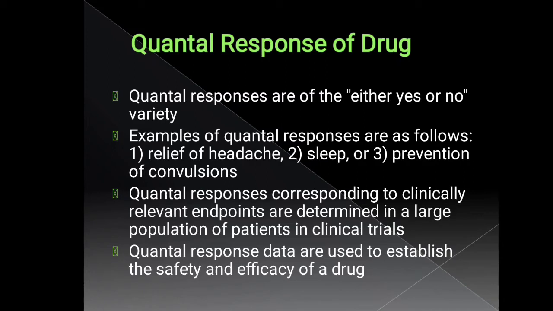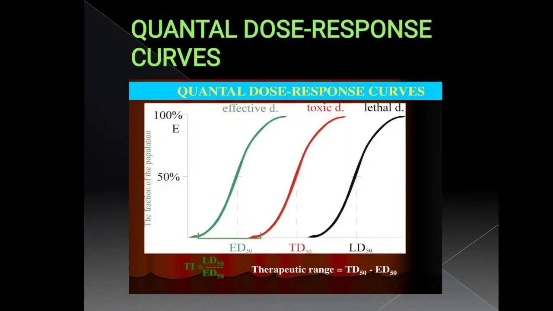Quantal response data are used to establish the safety and efficacy of the drug. So basically it is used in research, not in clinical practice. And this is the curve of the quantal dose response.